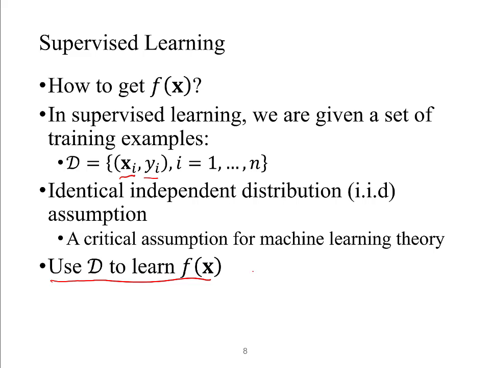For example, if f(x) is simply w transpose x plus b, then we use D to learn w and b. So w and b are the parameters of this f(x) model.